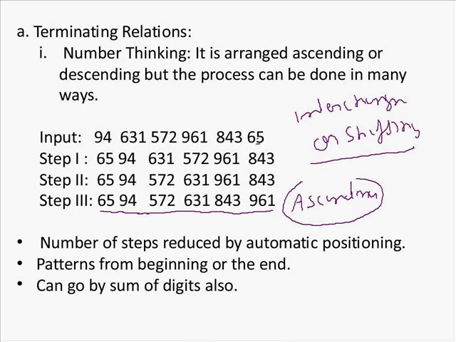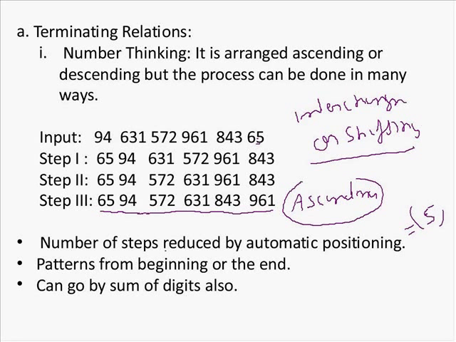Now, my dear friend, if there are 6 things, in 5 steps it should always be over. However, it takes fewer because some numbers come automatically. So the number of steps is reduced by automatic positioning, because for 6 there should be 5 steps.